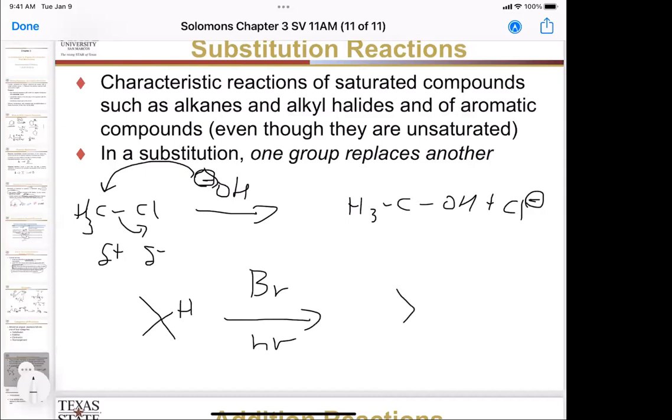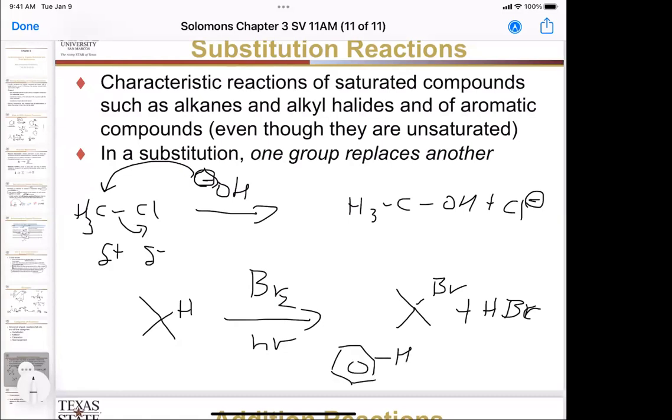And what it ends up doing is, oh, sorry, it's bromine too. We're going to replace that hydrogen with a bromine and generate HBr. So what's substituted here? The hydrogen has been substituted by a bromine. Substitution reaction.